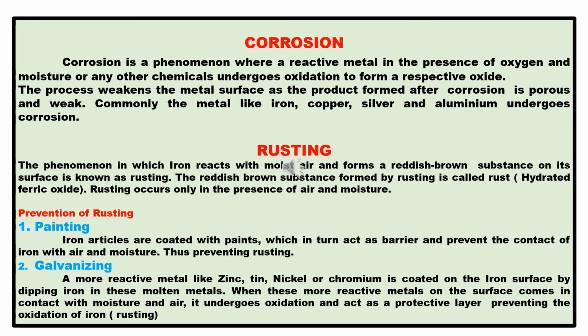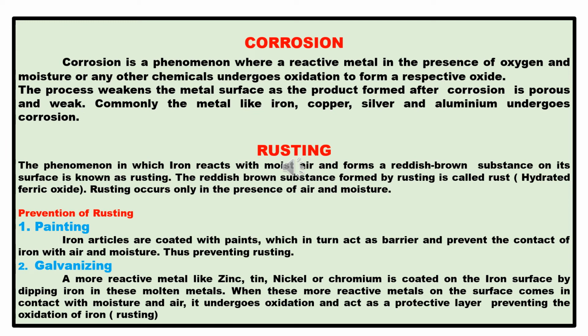The other one is using metals that are more reactive than iron. They are molten and the iron material is dipped in that molten metal so that a coating will be formed on its surface, thus preventing it from rusting.